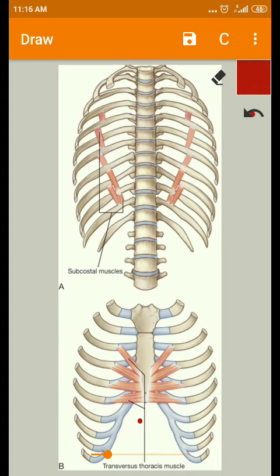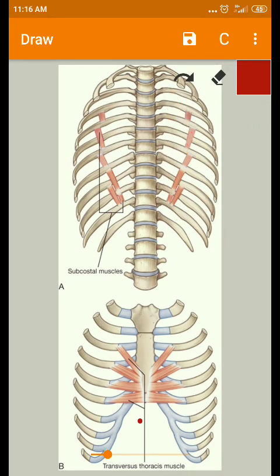So it intervenes between the intercostal nerves and vessels, which are coming on the posterior aspect, and the pleura, which is present on the innermost. Here you will have the pleura, which is very much nearer to the subcostalis muscle on the posterior aspect.